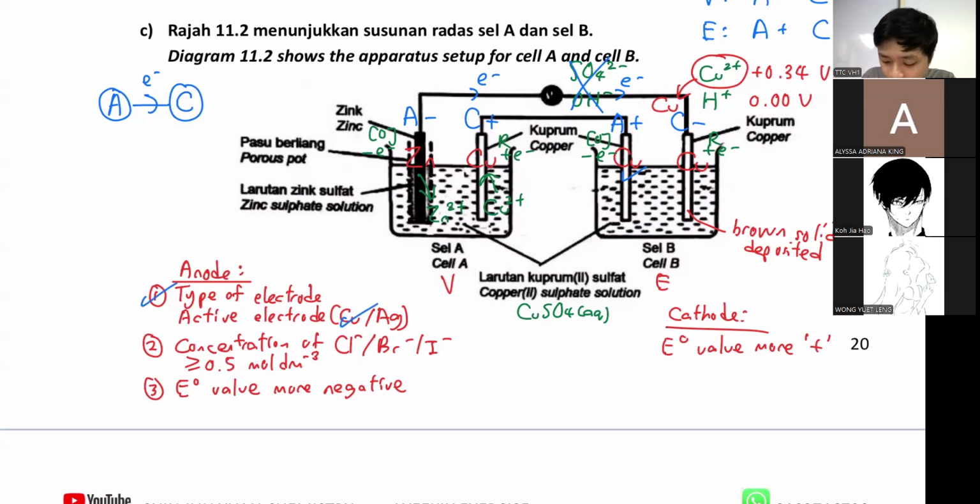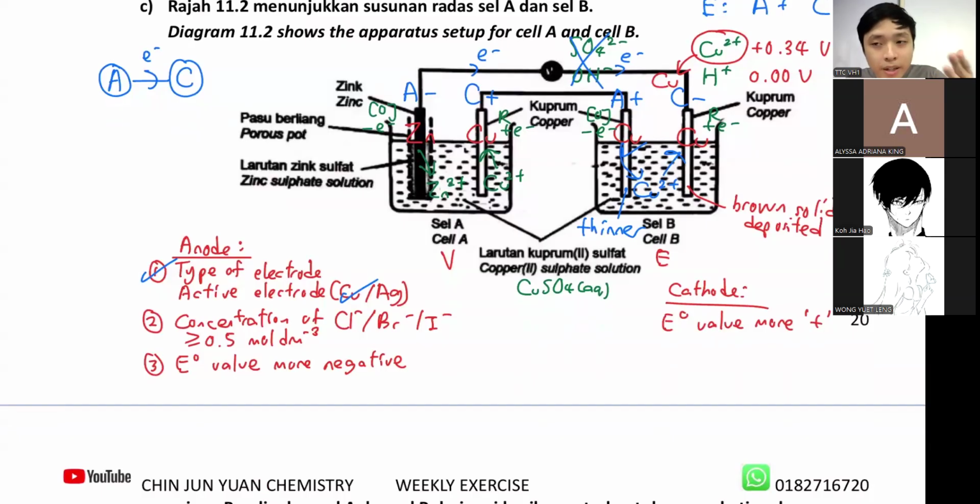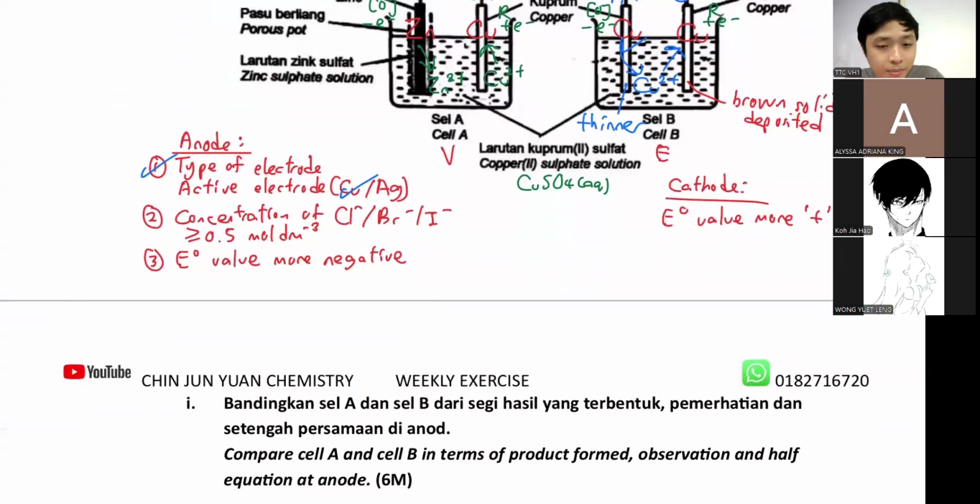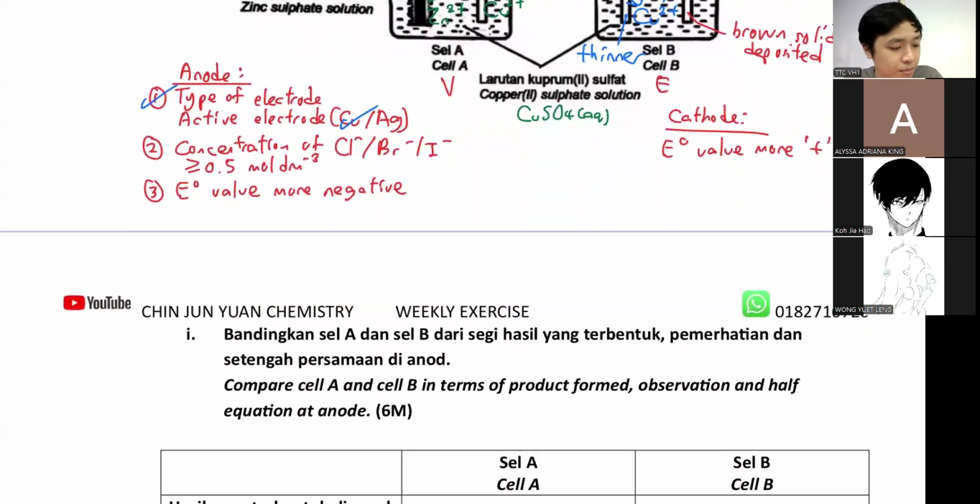So copper is the one undergoing oxidation, becoming copper two ion in cell B. It means with this oxidation, the electrode becomes thinner because the copper electrode dissolves. If you see copper or silver, important.